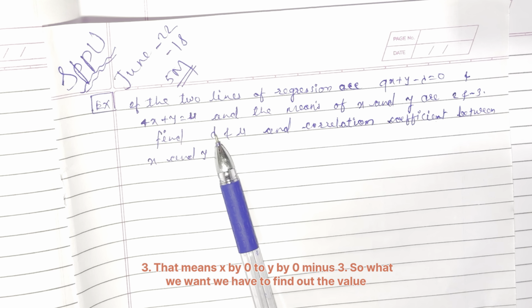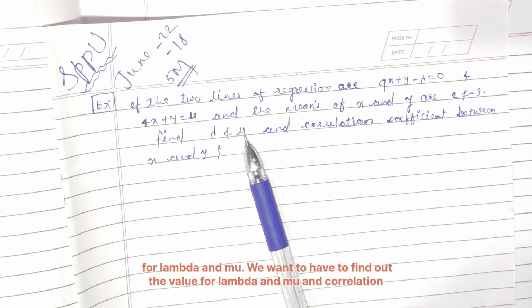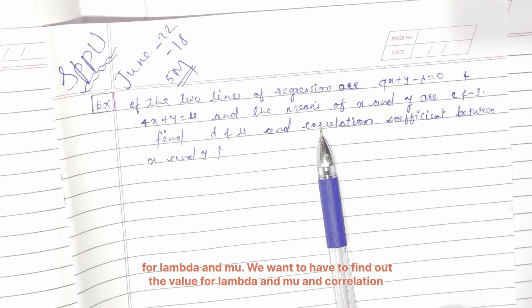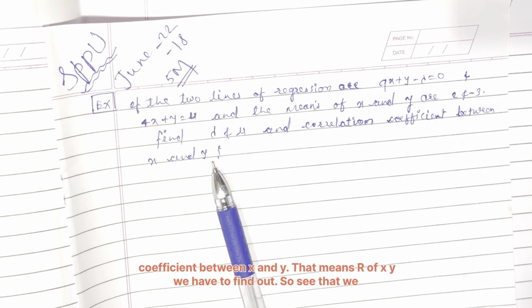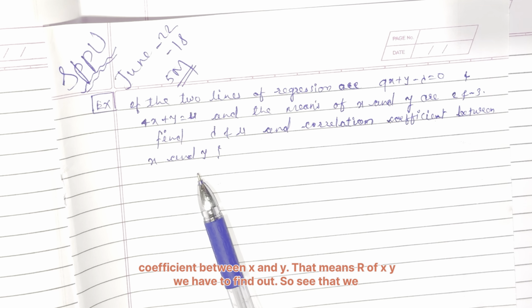We have to find the values of lambda and mu, and the correlation coefficient between x and y, that is r of x, y.